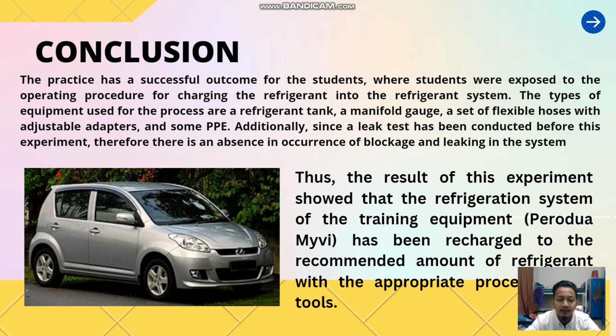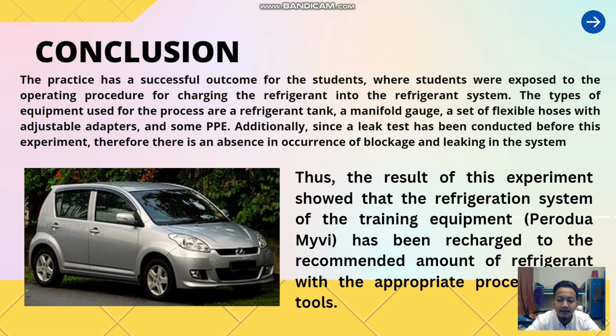The equipment used for the process are a refrigerant tank, a manifold gauge, a set of flexible hoses with adjustable adapter, and some PPE. Additionally, since a leak test had been conducted before this experiment, there was an absence of blockage and leaking in the system.